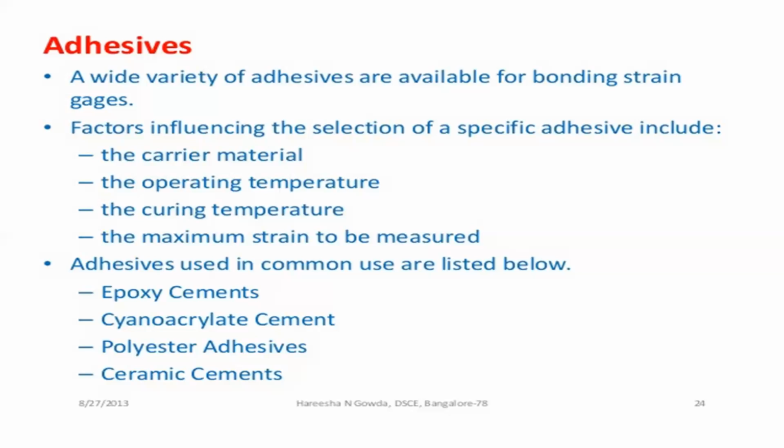It is the carrier material, the operating temperature, the curing temperature, and the maximum strain to be measured. How much maximum strain we are measuring at a particular area in a particular application, we can calculate and take.